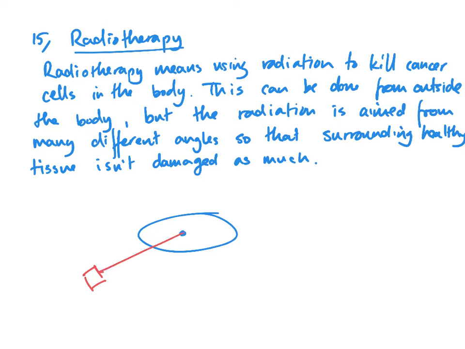So fire it in from that angle, move it round a bit, fire from that angle, etc. Okay, I'm not going to draw every single possible angle, but you could have lots of angles in between these ones as well. And what that means is the area around the tumour has been hit with 4 times as much radiation as the surrounding healthy tissue.